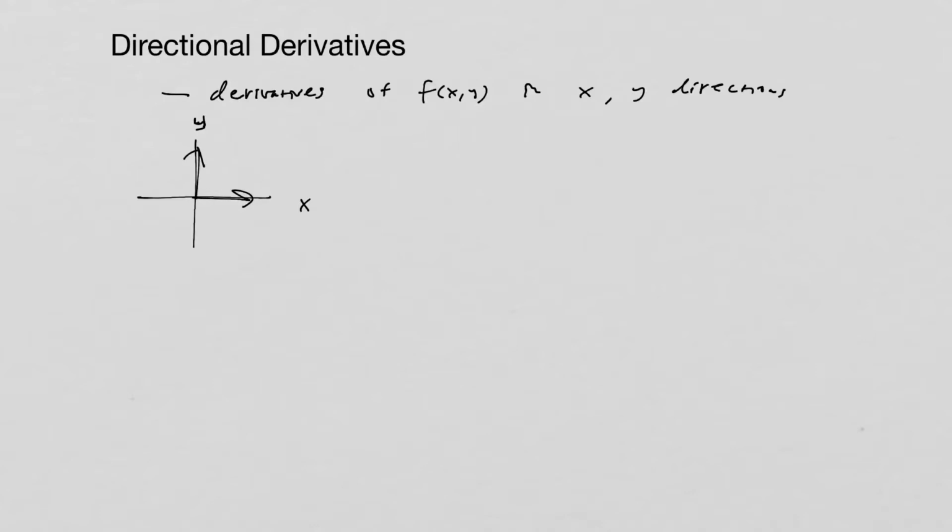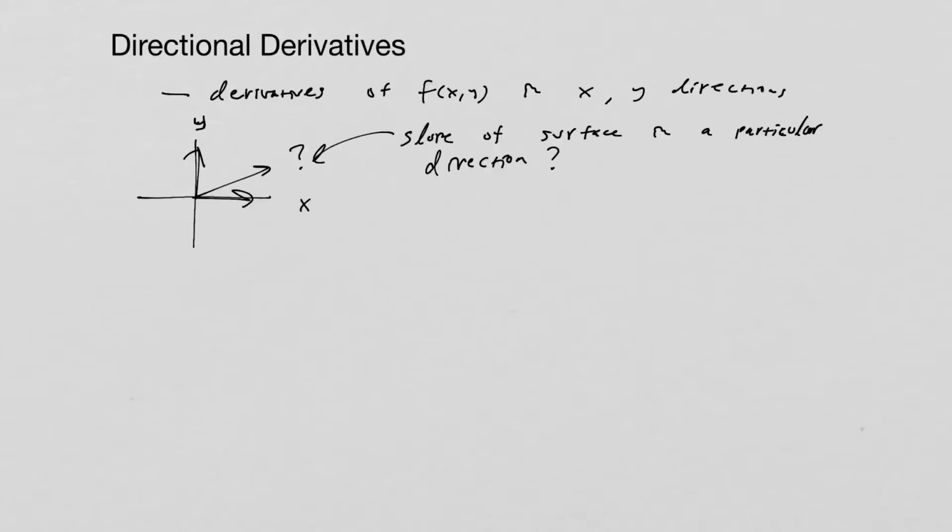What if we want to go in some other direction? How would we go about taking a derivative, figuring out the slope of the surface in a particular direction? How do we do that?